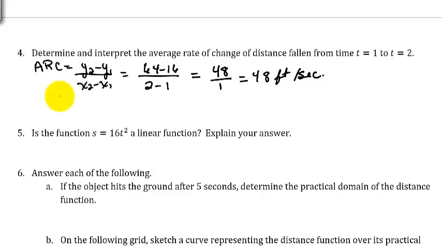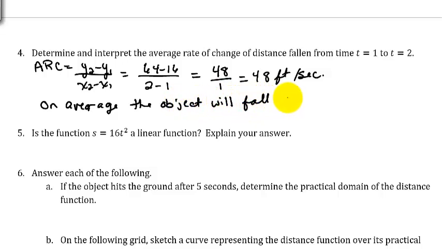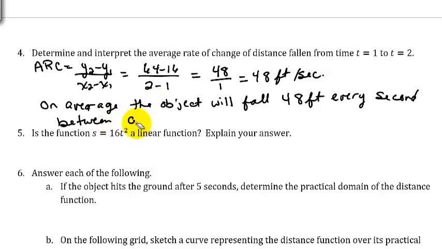And so what this means is that on average, the object will fall 48 feet every second between 1 and 2 seconds.